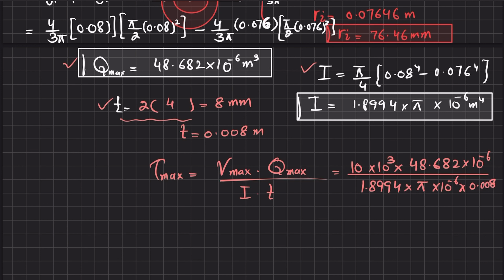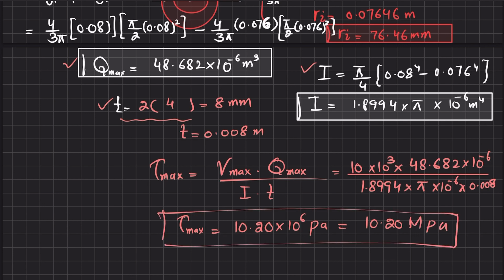Clear? When you calculate it, the maximum shear stress comes out to be 10.20 into 10 raised to the power 6 Pascal, which is equal to 10.20 megapascal. So this is the maximum shearing stress.